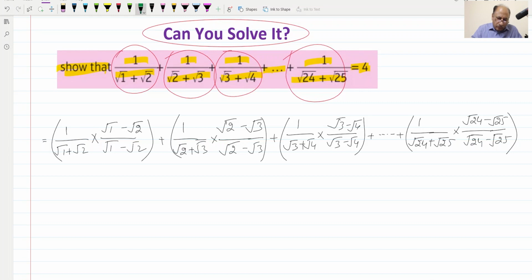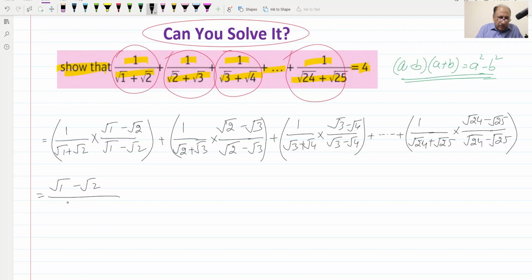Now we know the formula, a minus b into a plus b is equal to a squared minus b squared. This is the formula which we can apply over here. This is a plus b, this is a minus b, so it will be equal to a square minus b square.